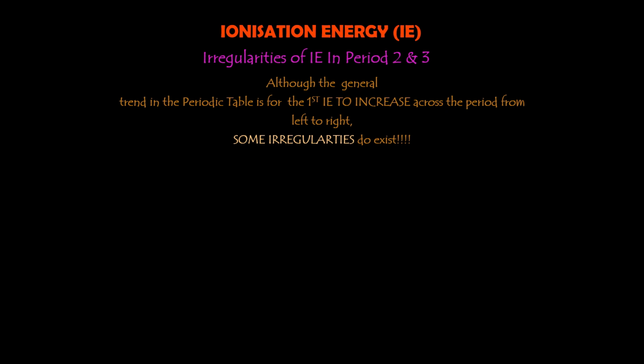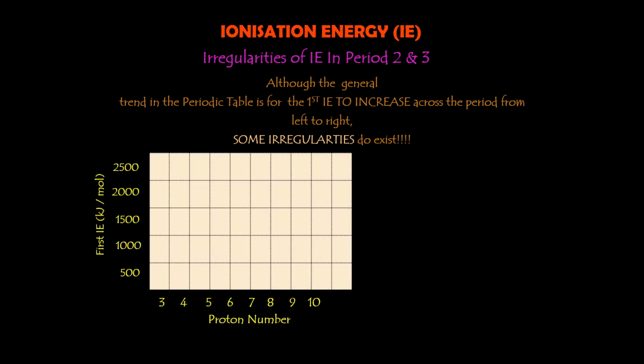Although the general trend in the periodic table is for the first ionization energy to increase across the period from left to right, some irregularities do exist. From this graph, we can see that beryllium, with a proton number of 4, has a higher first ionization energy than that of boron.